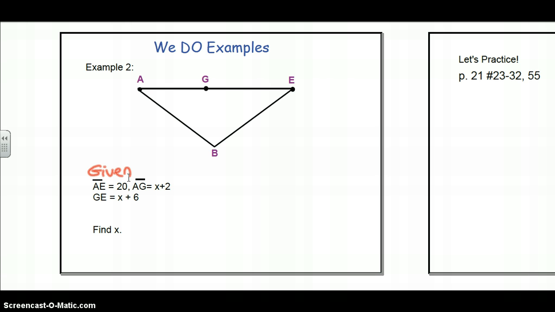To find x, you would set up AE equals 20, so 20 equals x plus 6 plus x plus 2. Then if you combine the like terms, you get 2x plus 8, and then you subtract 8 from 20, which is 12, so x equals 12.